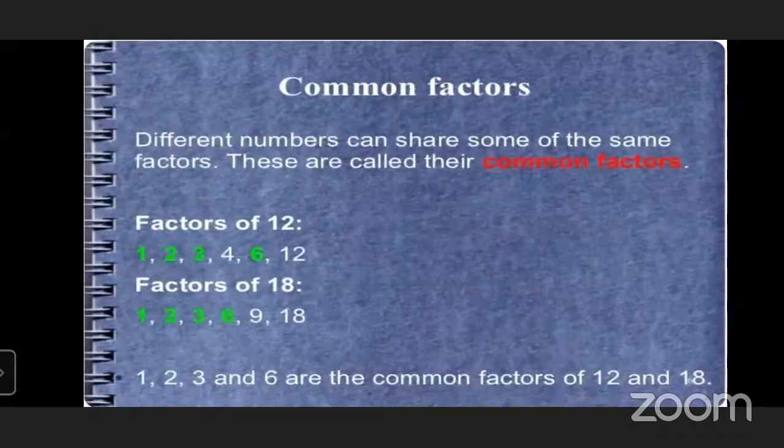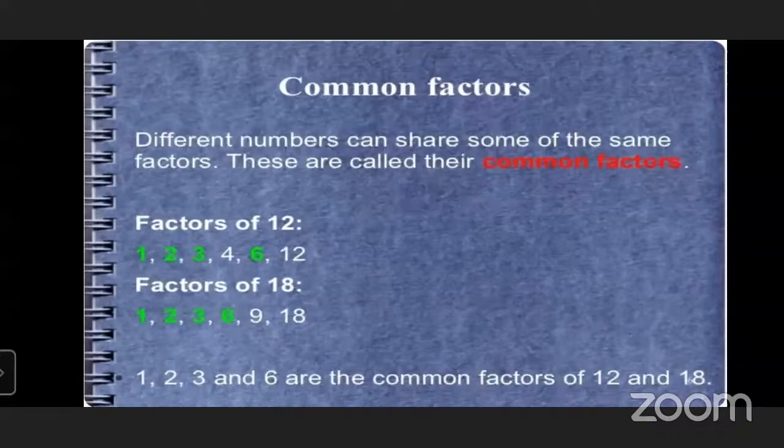Now, as we saw yesterday, what are common factors? For example, we have taken two desired numbers and their factors. What we have to do is take out the factors of those numbers separately.